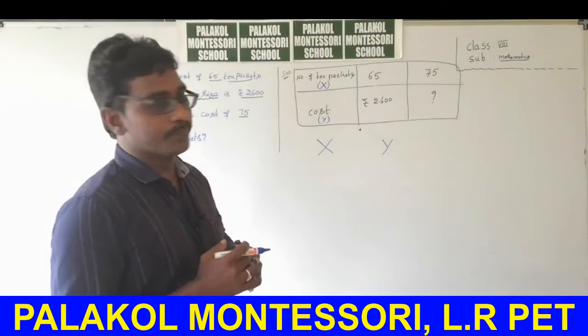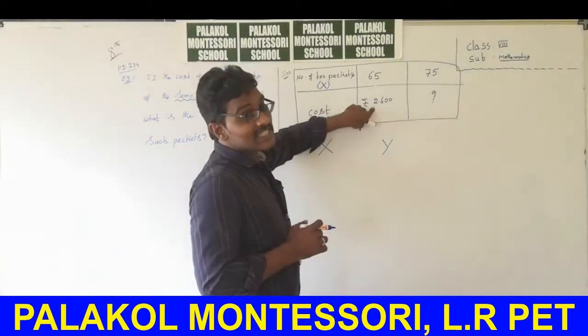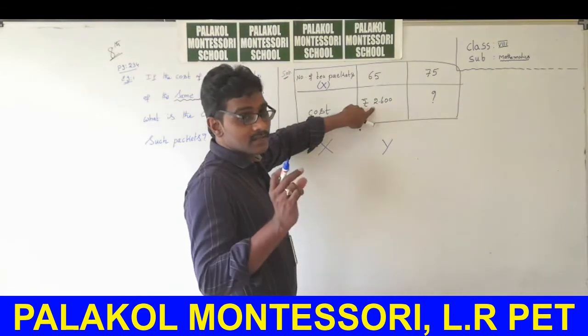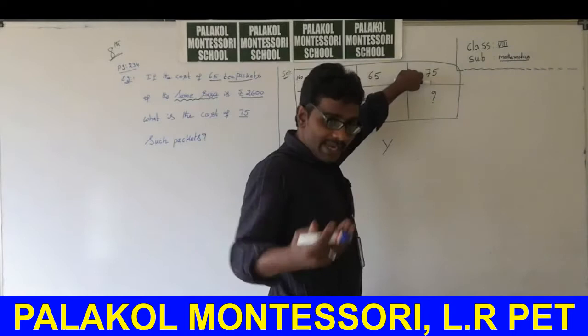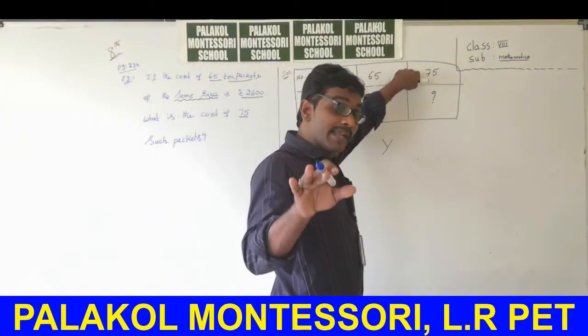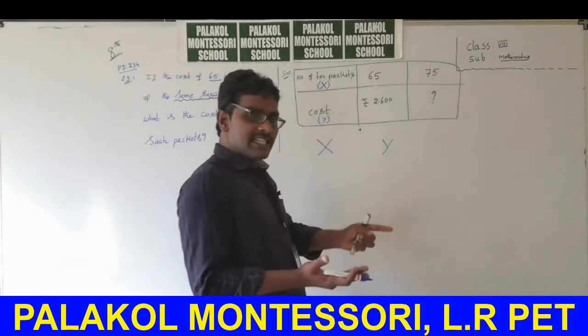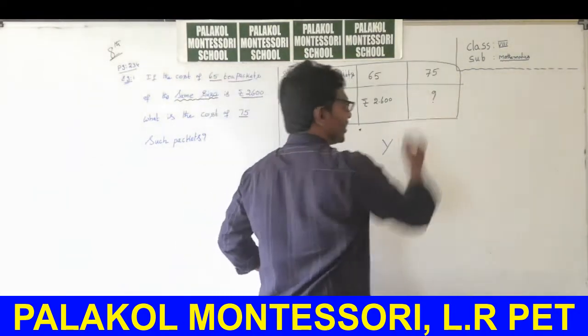First you check it. 65 packets cost 2600 rupees. Guys, please guess it. 75 tea packets of the same size, will the cost be increasing or decreasing? Yes, very good, increasing.